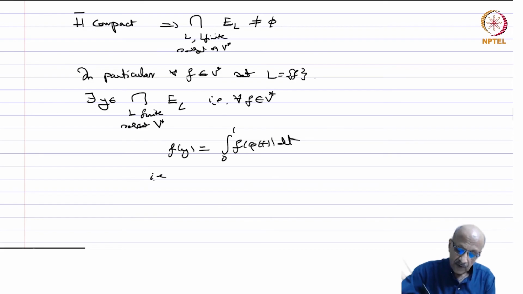That is, Y equals the integral 0 to 1 of phi t dt.